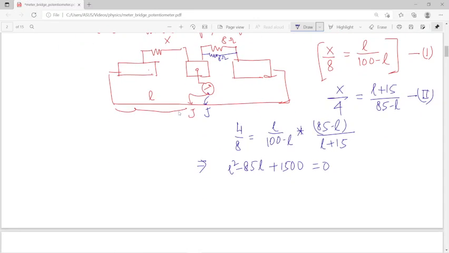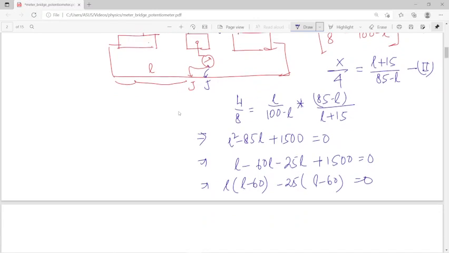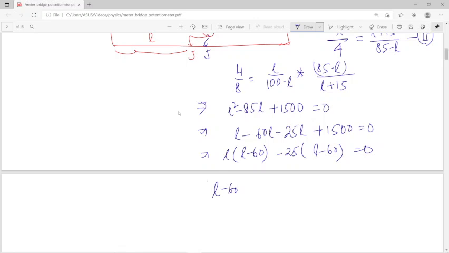If you solve this, L minus 60 and L minus 25 is equal to 0. So either L would be 60 centimeter or 25 centimeter.